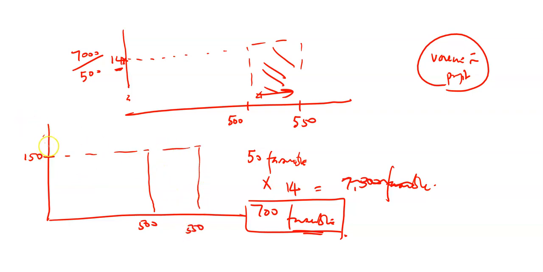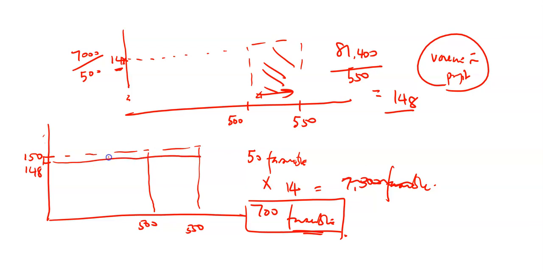But the question is, how much did I sell each for? It says you sold 550 units for 81,400. That means you sold each of them for 148 pounds, so you dropped your price by £2 right across everything.